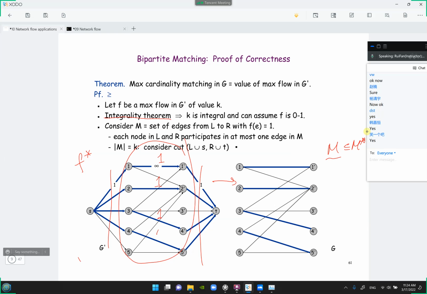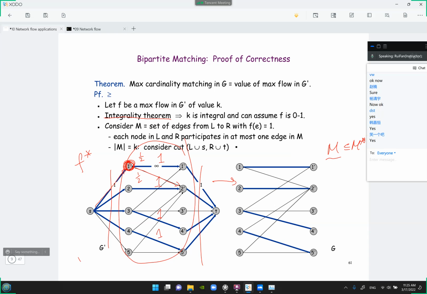Each of these nodes has an incoming flow of 1, so this node, for example, cannot be connected to several other nodes. Because if it's connected to several other nodes in the flow, then you could send a flow of 1/2 on one edge and 1/2 on the other edge. If it's connected to multiple other nodes, you would have to send some fractional amount of flow on each edge.